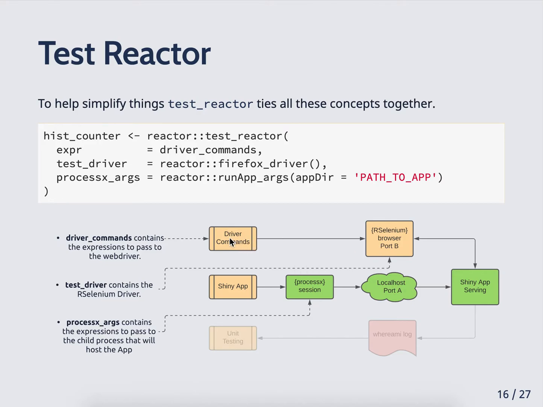So the driver commands are piped into RSelenium, which then interacts with the Shiny app. The Shiny app itself, with the argument specifying where the file of the Shiny app is, and what port to use, is added through the processx args. That opens the Shiny app on a localhost, and RSelenium is interacting with the Shiny app server.